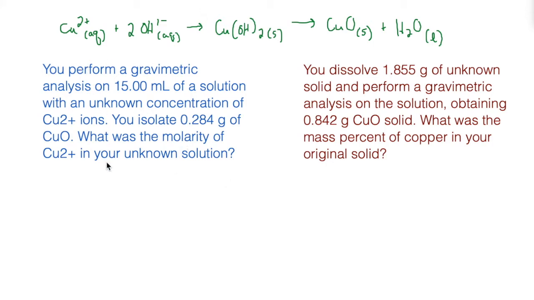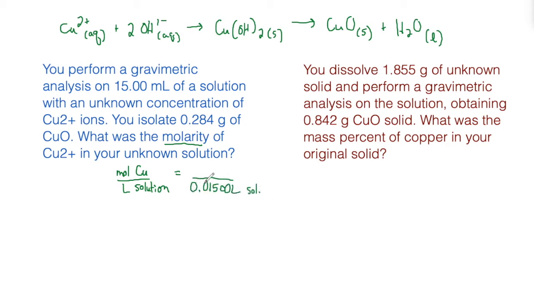All right, so we're doing the same kind of gravimetric analysis reaction on a solution and then also on a solid. For the solution, to calculate the molarity, we need to have the moles of copper over the liters of solution. The liters of solution we already know because we have 15.00 milliliters of it.